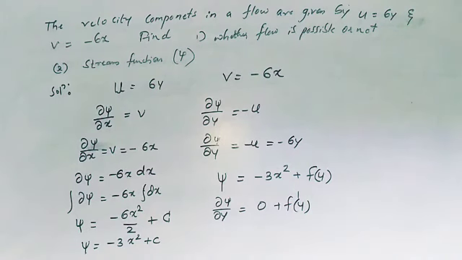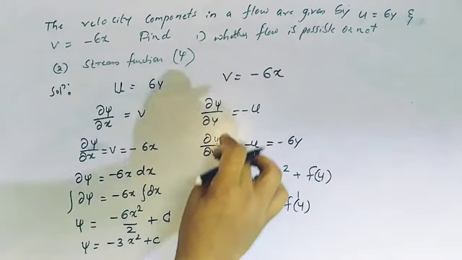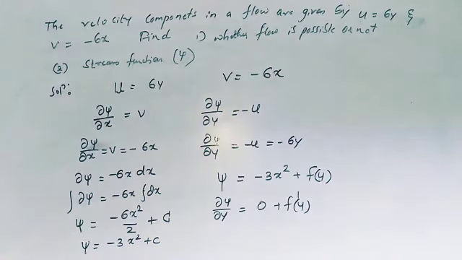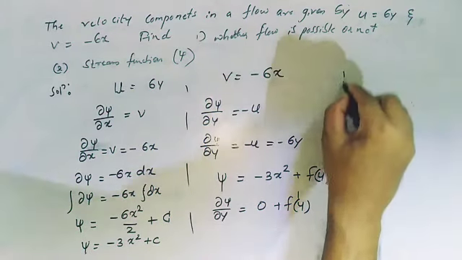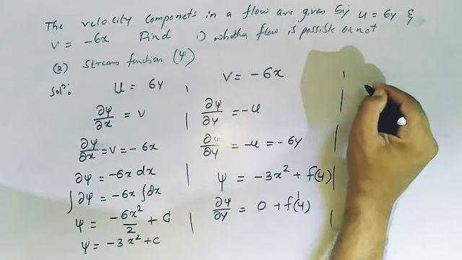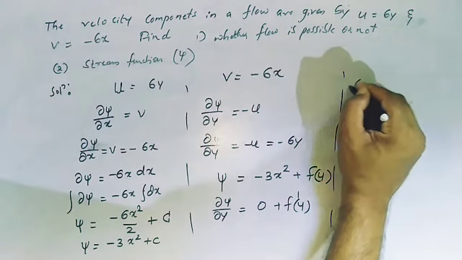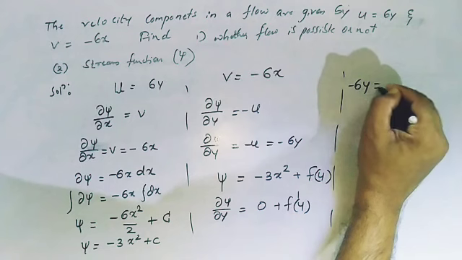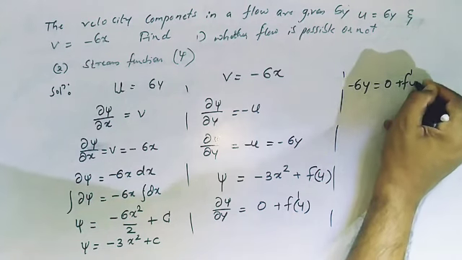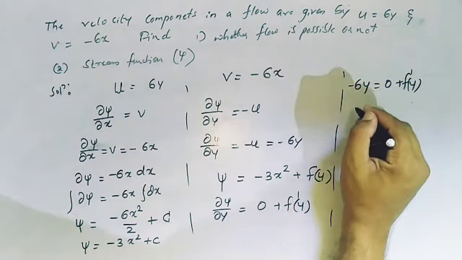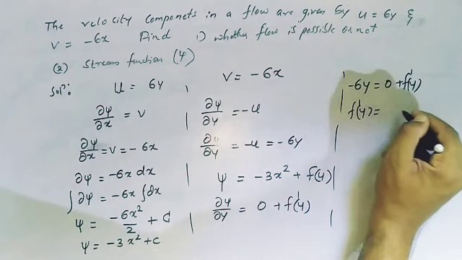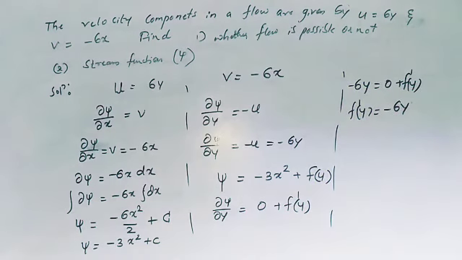But I have the value of dou psi by dou y, which is minus 6y. So minus 6y equals 0 plus f dash of y, and so I directly get f dash of y equals minus 6y.